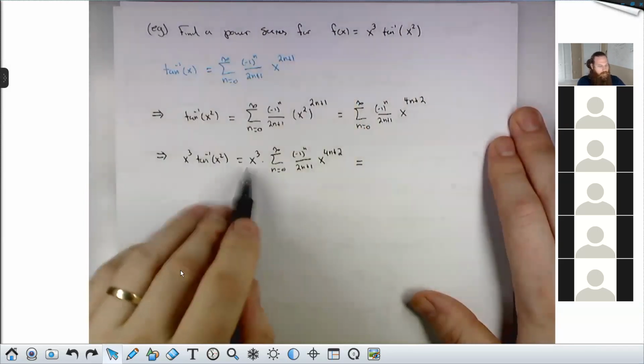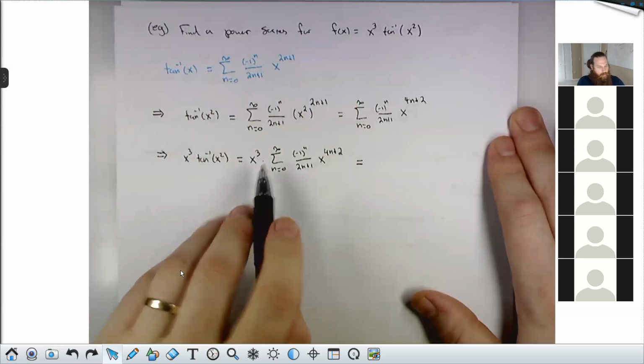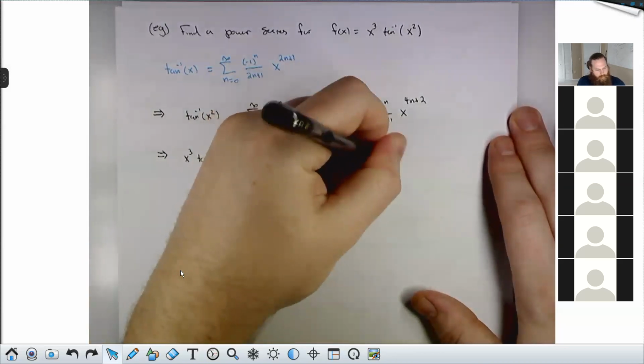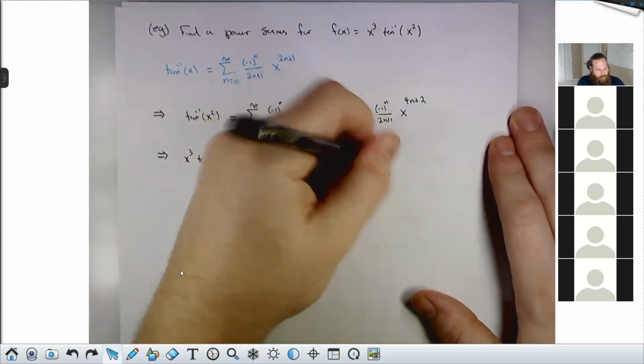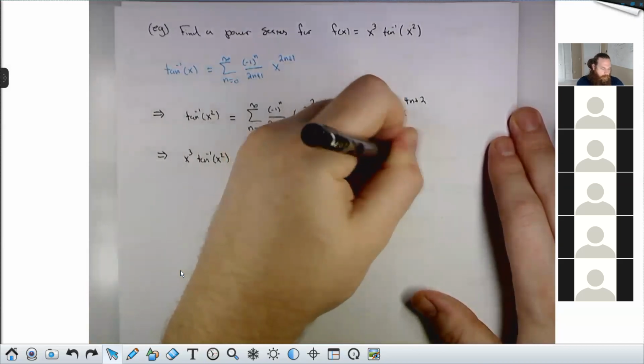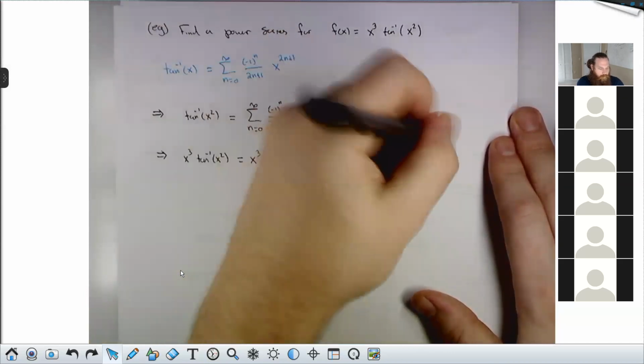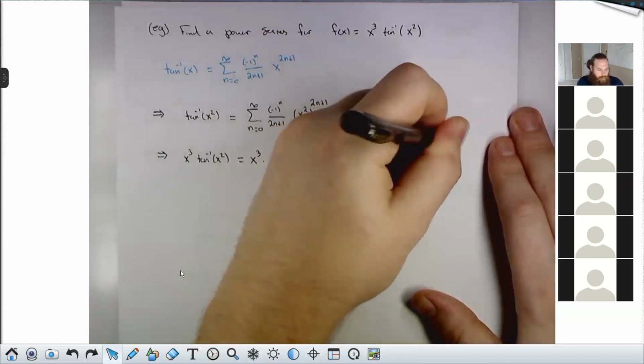And I can move this x cubed inside the series. X to the 4n plus 2 times x cubed is x to the 4n plus 5. So I'll get sigma n from 0 to infinity, negative 1 to the n over 2n plus 1 times x raised to the 4n plus 5.